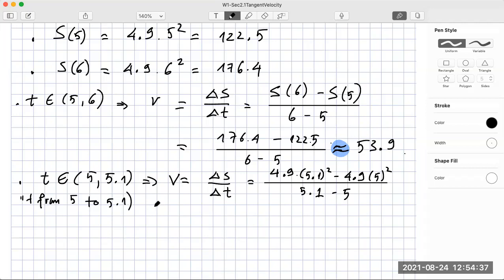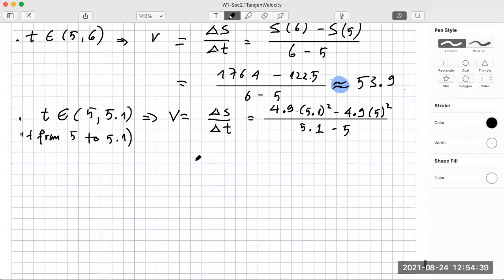Okay. Then what do you get here? The velocity of this? 49.49. Very good. How about others? Same result?